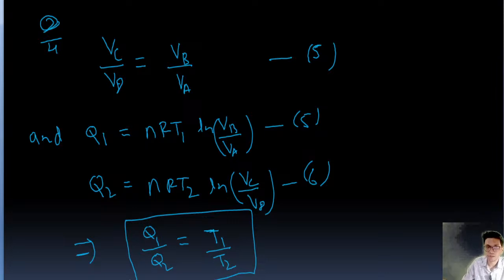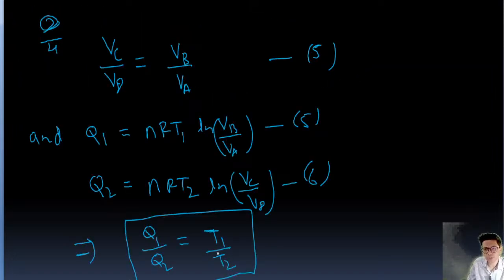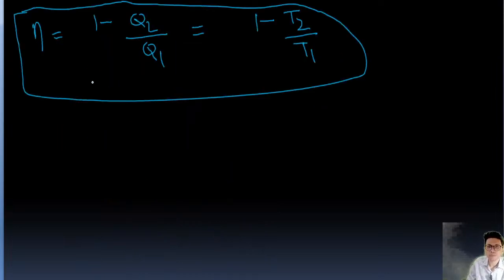We have a formula which I have derived in the Carnot cycle: Q1 upon Q2 equal to T1 upon T2, or we can write Q2 upon Q1 equal to T2 upon T1. So this formula I'm going to use.